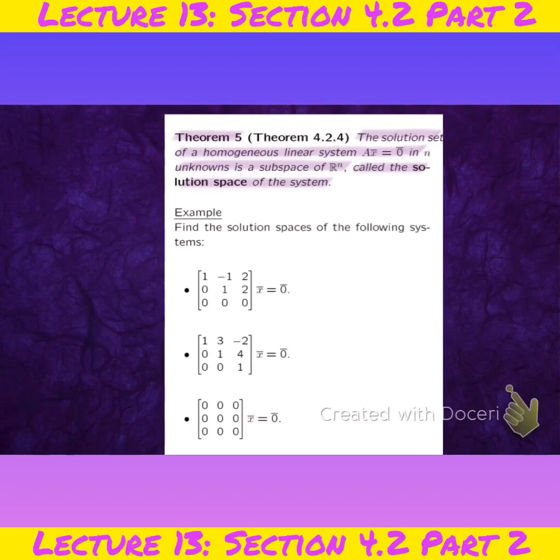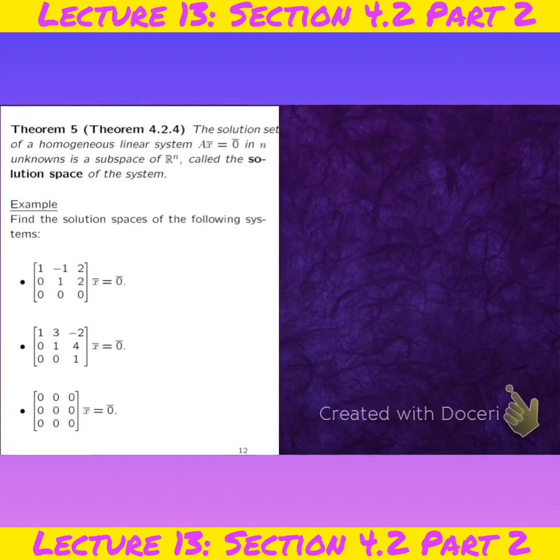We need to prove that the solution space is closed under vector addition, and we need to show that the solution space is closed under scalar multiplication. All right, and that's not difficult to do.